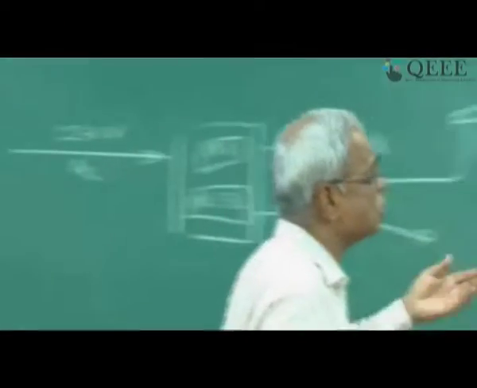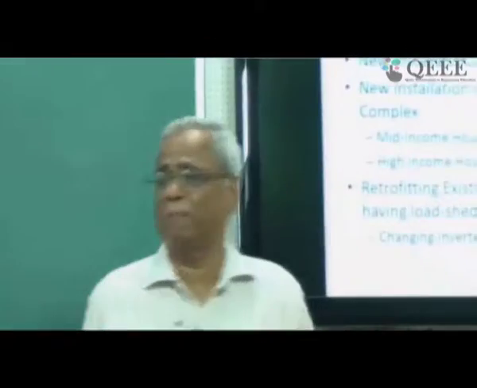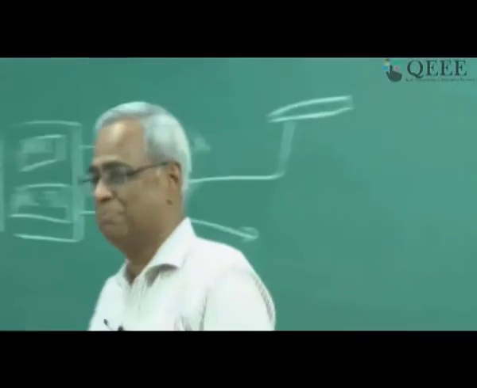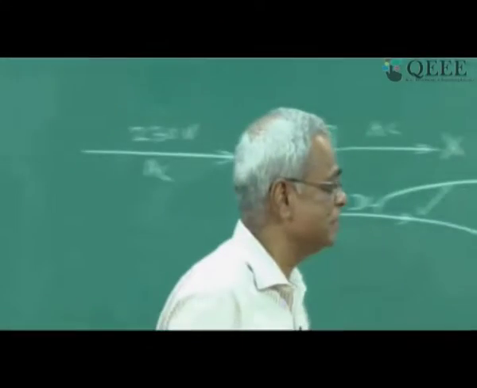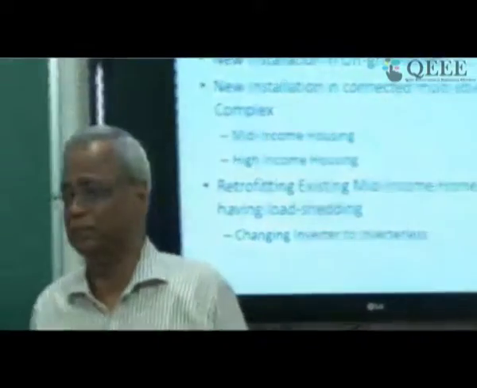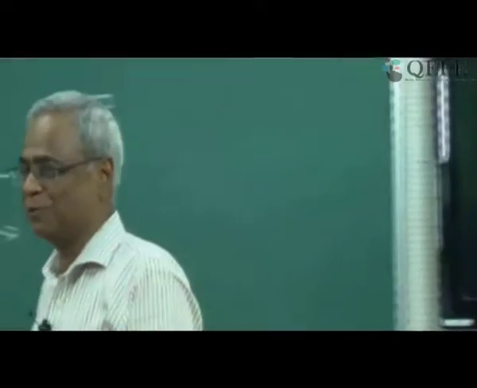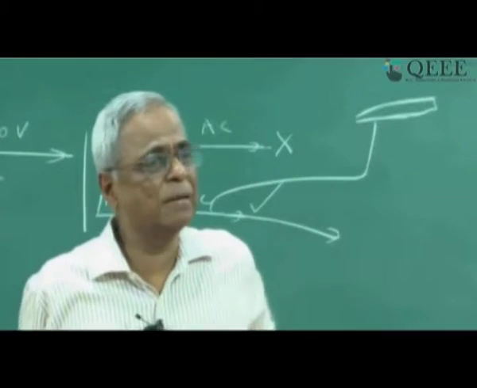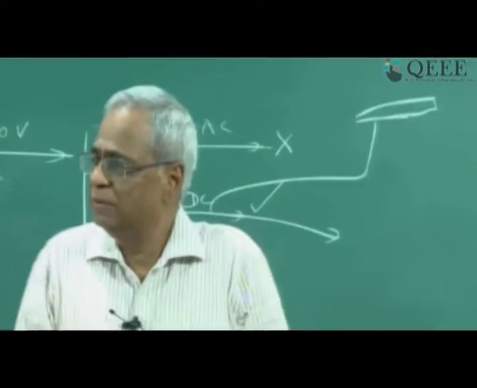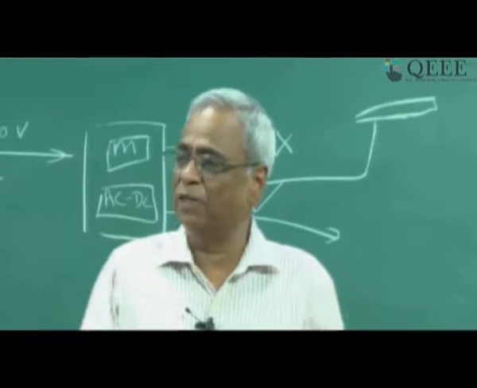Then new installation in a connected multi-storied complex. So one of the problems is on calculations for a new multi-storied complex, and retrofitting existing mid-income homes having load shedding. So one problem is associated with this. So I have given you different problems associated with this. As you solve them, you will find the benefit of that.